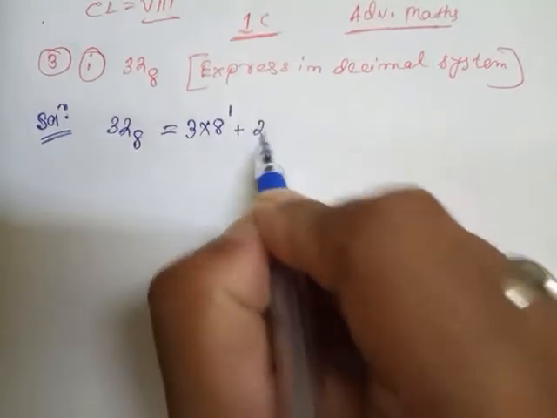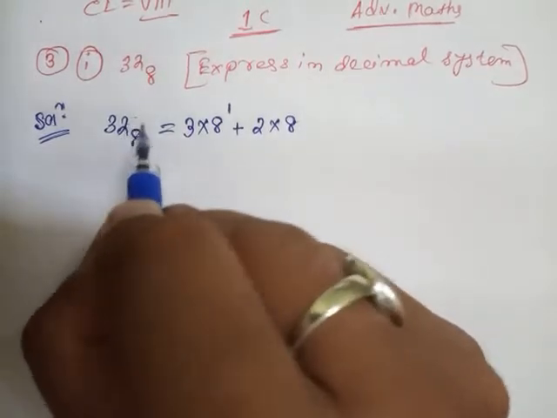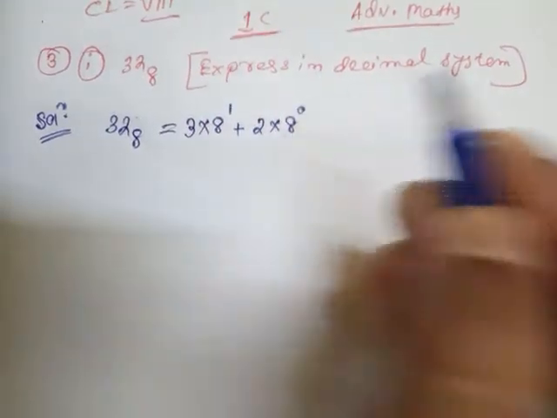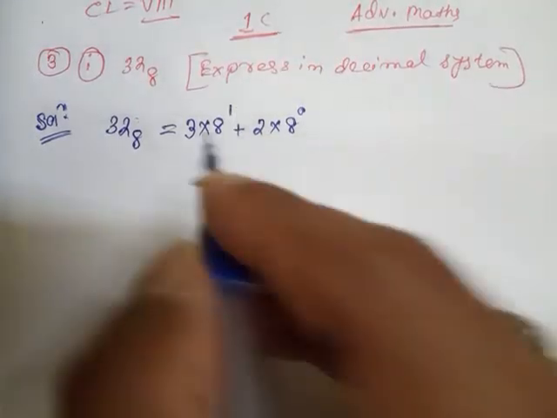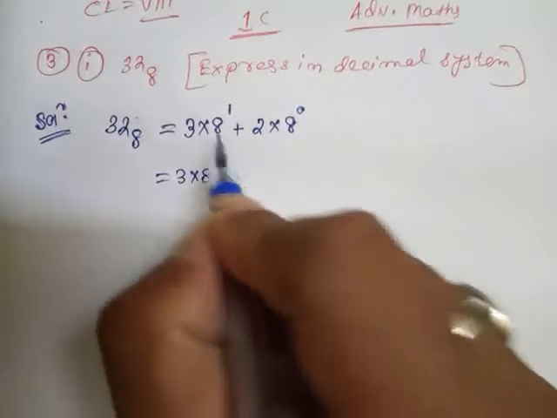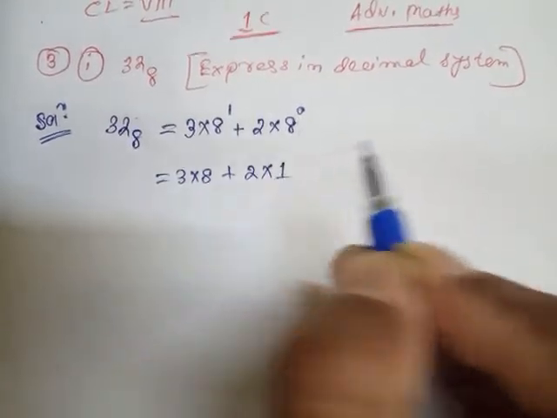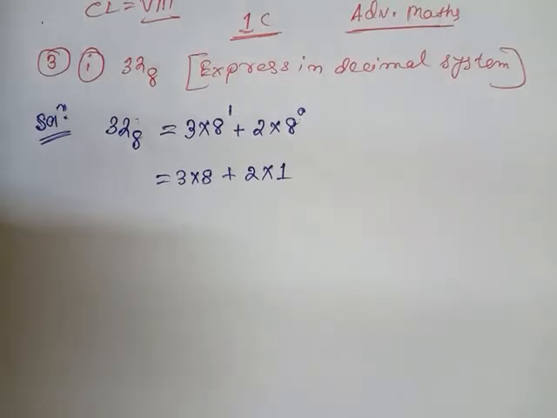Then I will write 2 into base 8, and after 2 how many digits are there? No digit, meaning 0, so I will write 0 here. Which means 3 into 8 to the power 1, meaning 8, plus 2 into 8 to the power 0, meaning 1, because anything to the power 0 is equal to 1.